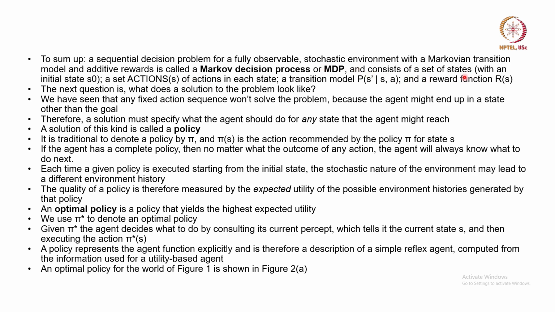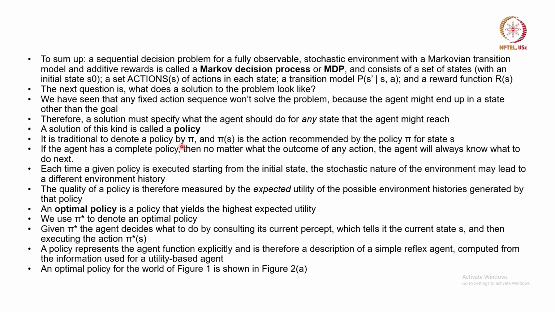It consists of a set of states, out of which you have one initial state, a set of actions which are available, a transition model, the probability of going to state s' from state s with an action a, and a reward function R(s) for every state. So that is what we call a Markov decision process basically.